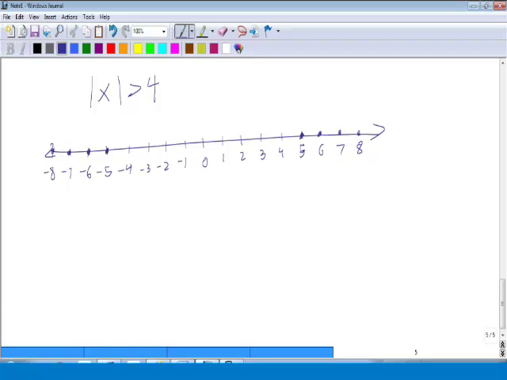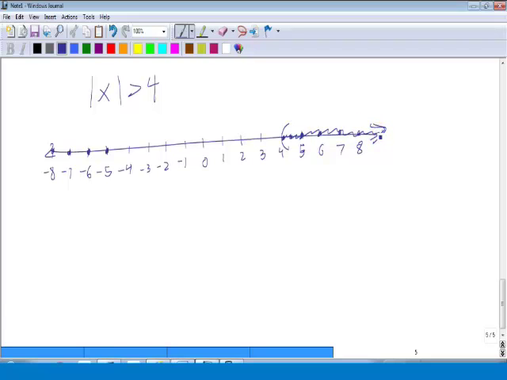So if we allow for non-integer rational numbers or irrational numbers, we can go 4.5, we can go 4.1, we can go 4.00001. That's all good. Anything greater than 4 is going to have absolute value greater than 4.